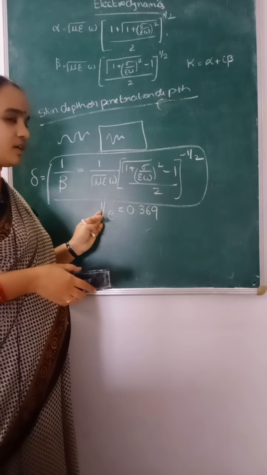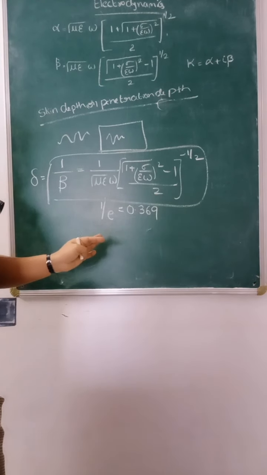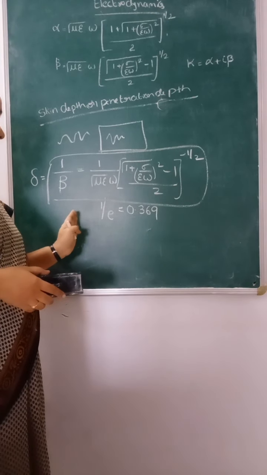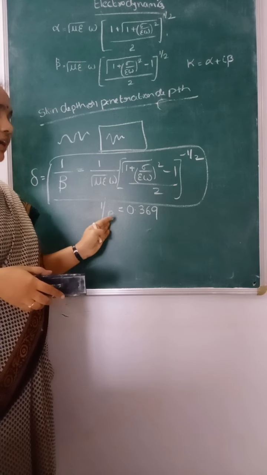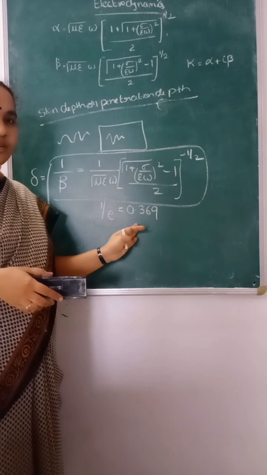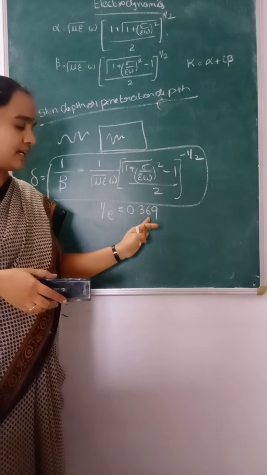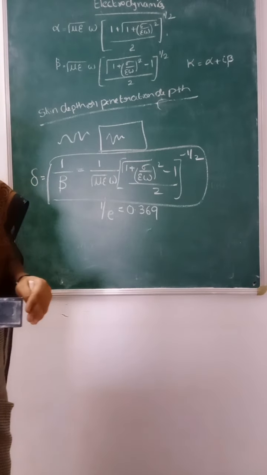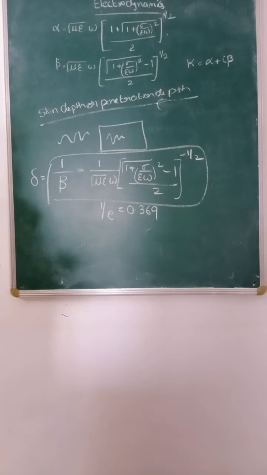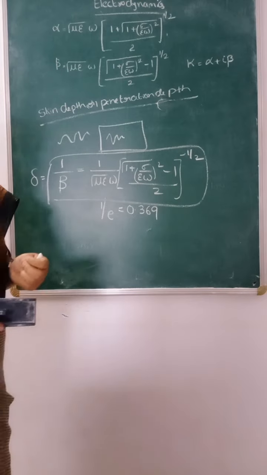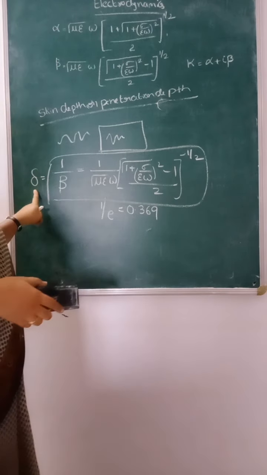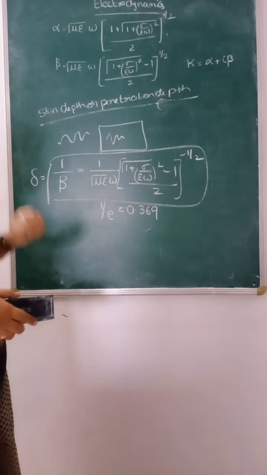Generally it is of the order of 1 by e, that is, the plane electromagnetic wave is attenuated to the 1 by e-th value, that is 0.369 part of the electromagnetic wave is damped or attenuated. This is called skin depth or penetration depth. It is indicated with the letter delta.